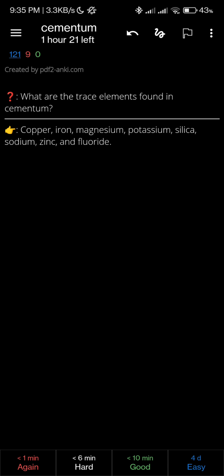We have copper, iron, silicon, sodium, potassium, magnesium, zinc and fluoride.